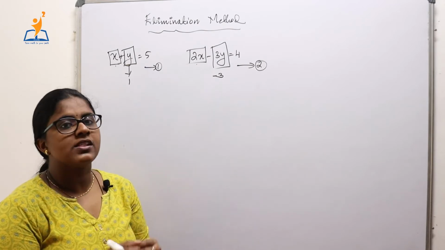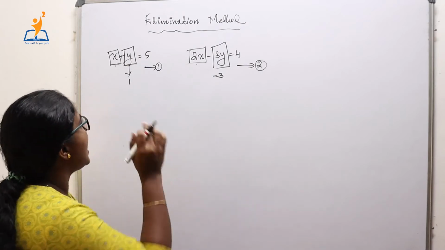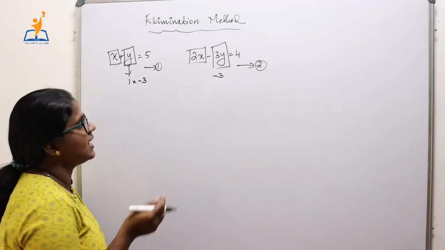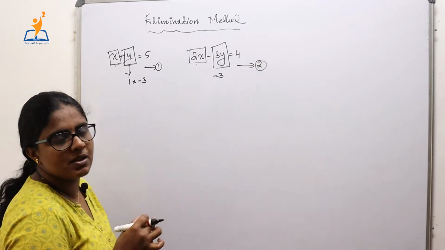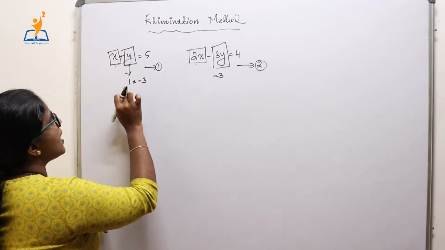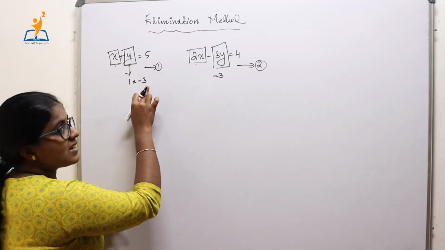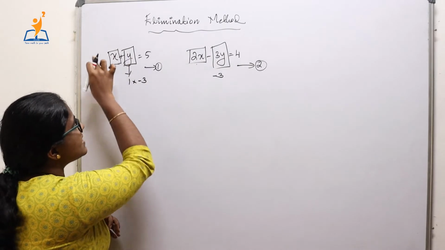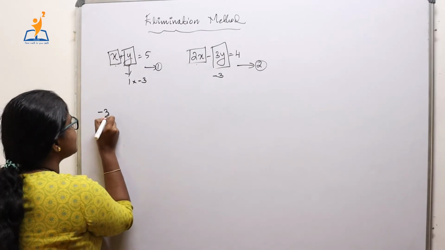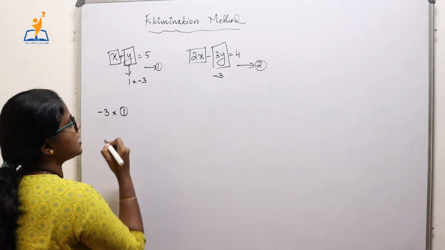In order to make the coefficients equal, I am going to multiply this equation throughout by minus 3, that is minus 3 into equation number 1.